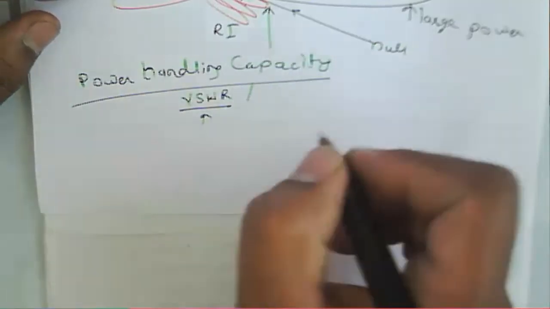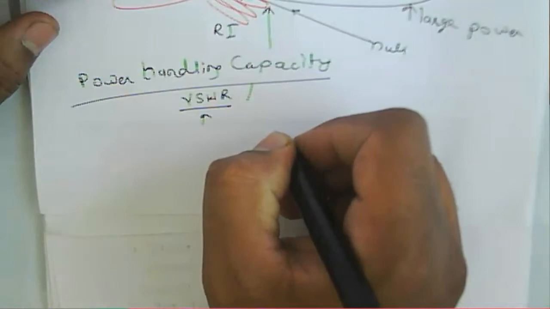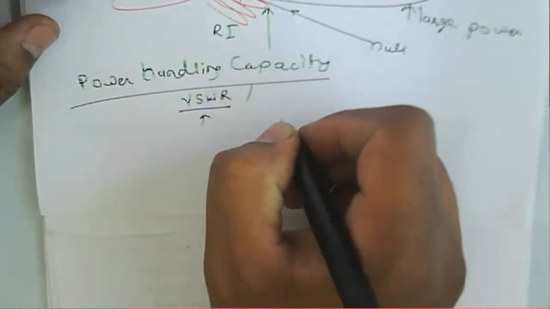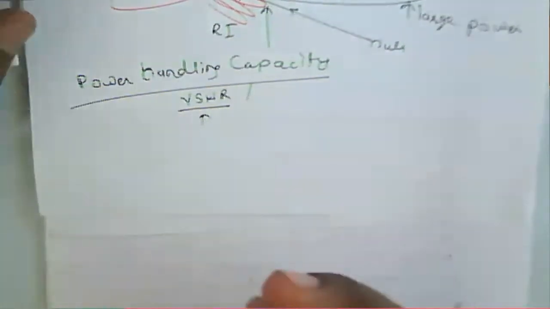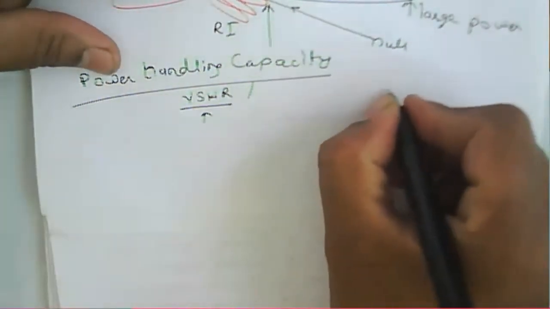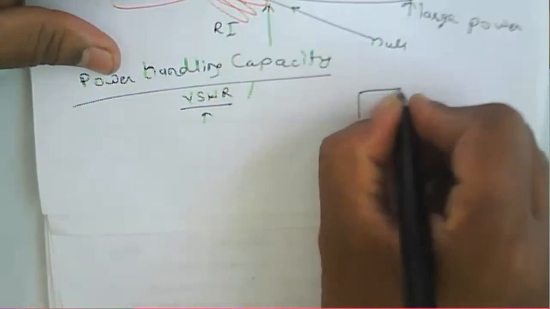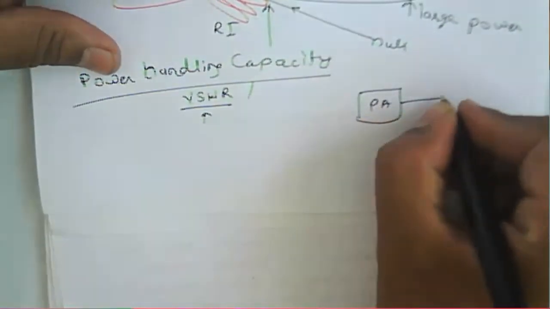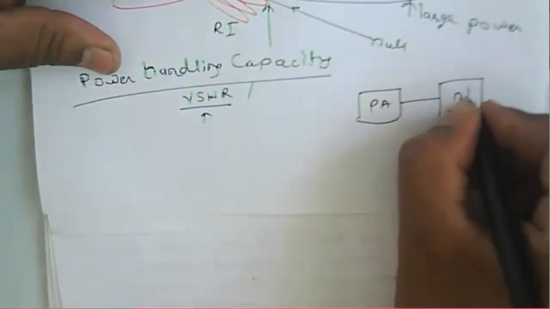If that return loss increases, we can say that in that particular case, power is reflected from this given antenna. Or we can say that we have a power amplifier here, and after that we are using the antenna.